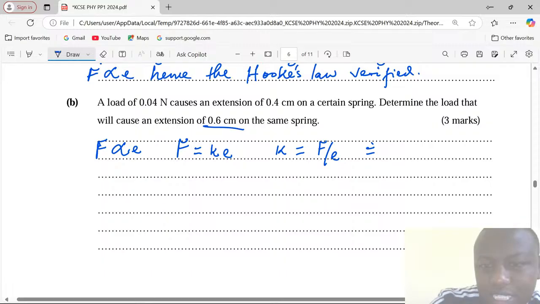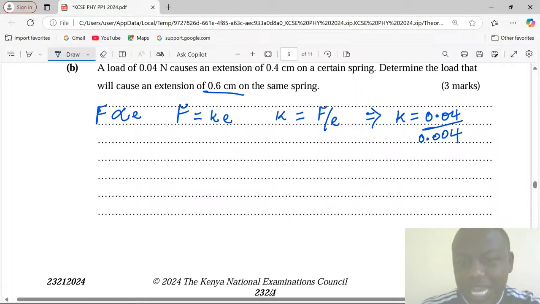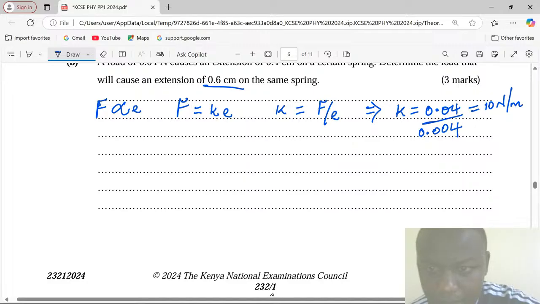Spring constant will be given by a force of 0.04 divided by an extension of, instead of 0.4, I can use 0.004. I make them meters so that we get spring constant in SI units. So this is going to be 10 Newton per meter.